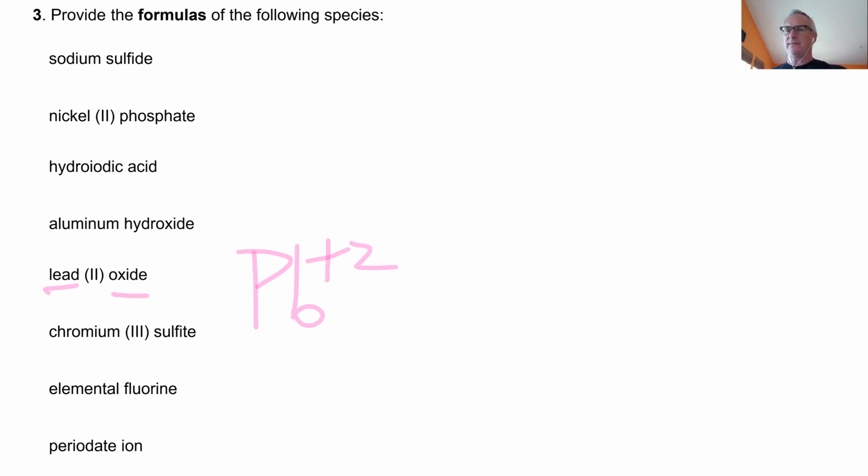What's oxide? What element are we referring to there? Oxygen. Oxygen, indeed. And do we remember what the charge on oxygen is? Remember, it's just above sulfur, and we determined that sulfur is in group 6 and has a charge of -2. Oxygen is just above it in the same group. So what do you think its charge is going to be? -2.